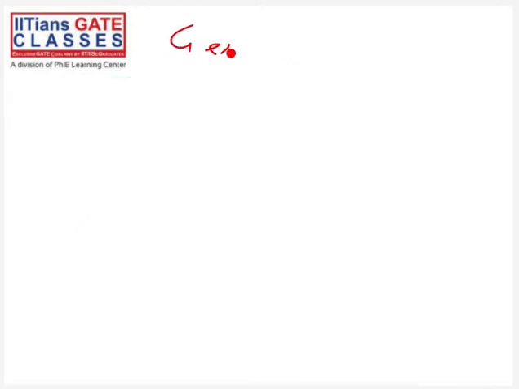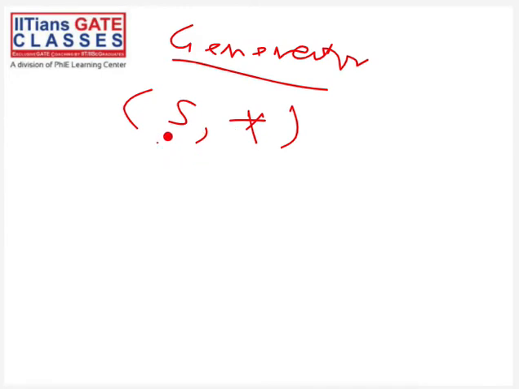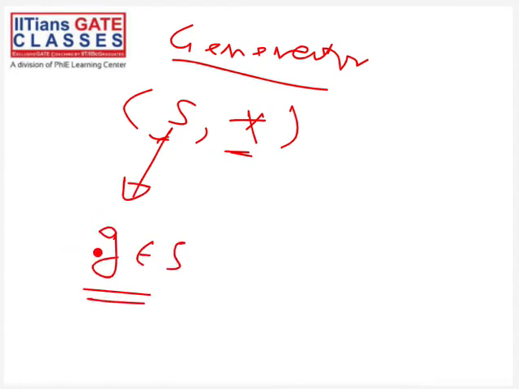Generator is an element basically. If you have some base set S and some operation, now assume that G belongs to S. So G is some element, but this G has a power.